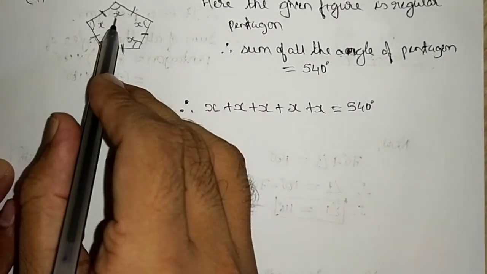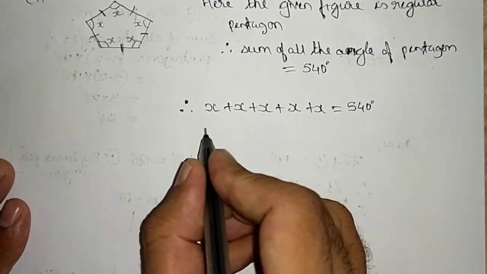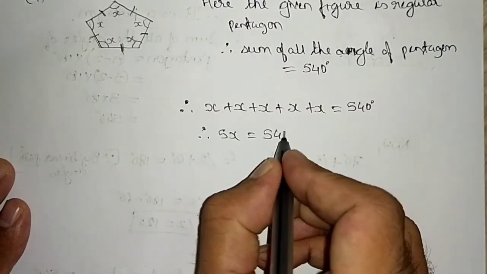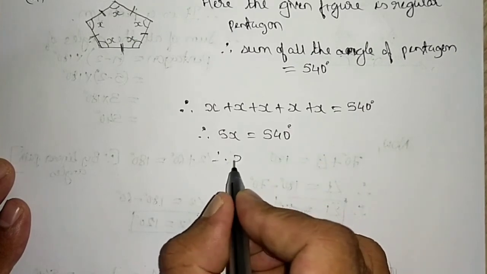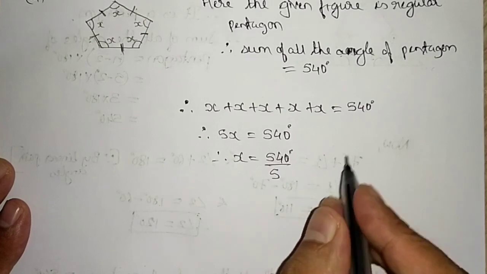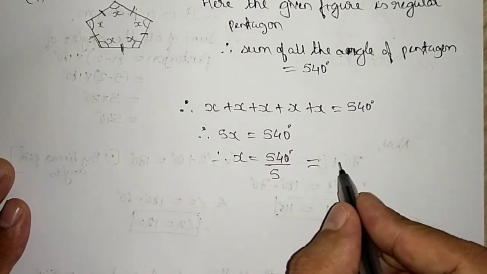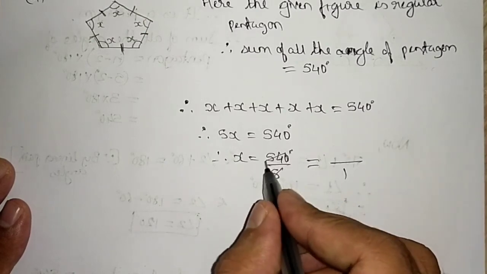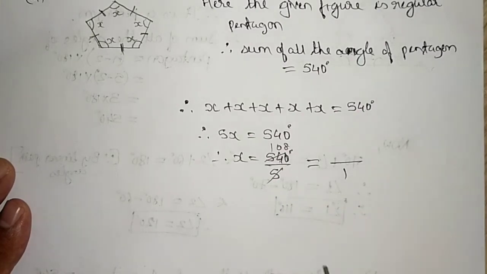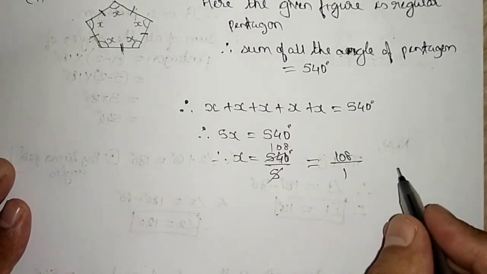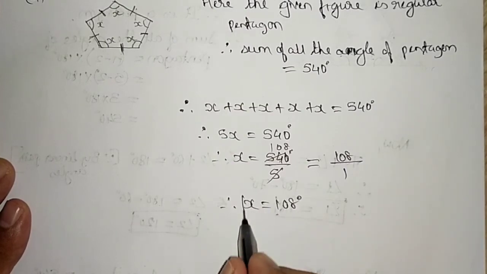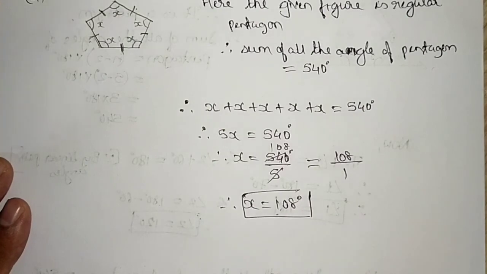Because there are 5 angles, 1, 2, 3, 4, 5. Therefore 5x is equal to 540 degrees. Therefore x is equal to 540 divided by 5. When I cancel out, 5 1s are 5, 5 1s are 5, 0, and 5 8s are 40. So I will get 108. Therefore x is equal to 108 degrees.